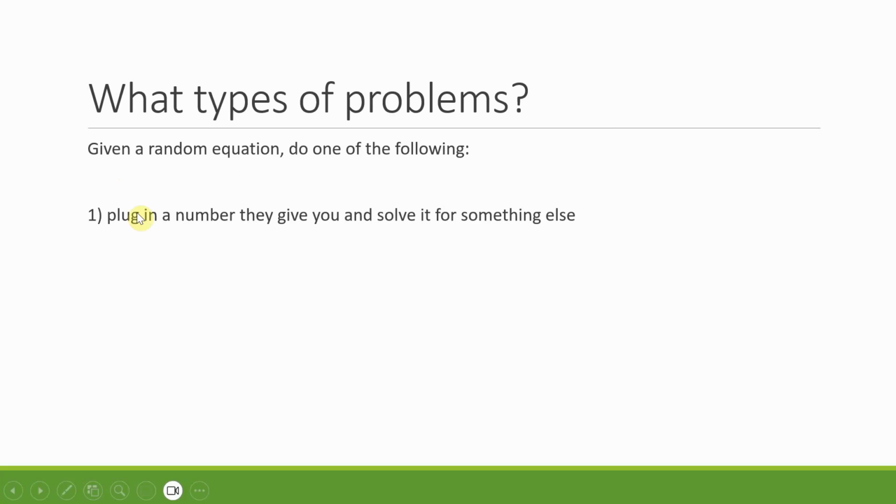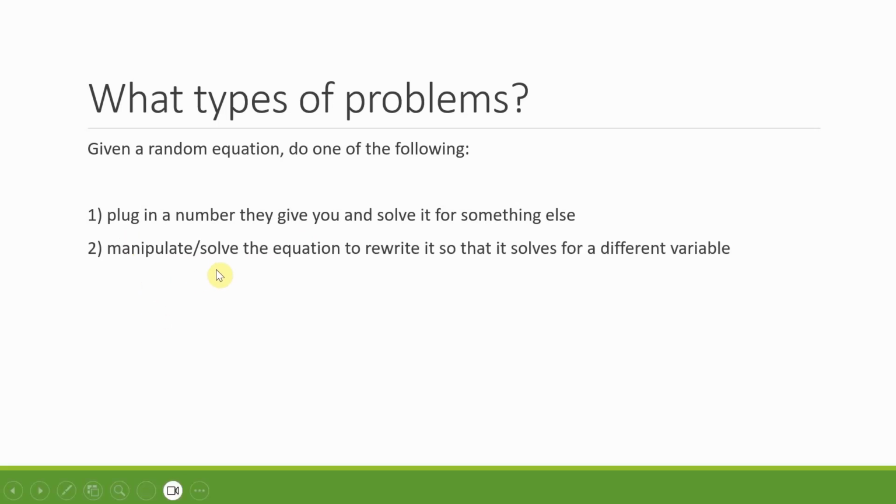And they will ask you to either do the simple version of just plugging in a number that they give you and solving it. That's not too bad, but there are some important little reminders for that. Another one would be to manipulate or solve that equation so that you are rewriting it to solve for a different variable. So looking at that Fahrenheit Celsius, if they give you the formula solved for Fahrenheit, they might ask you to solve for Celsius, either as the equation in variable format or with a number.